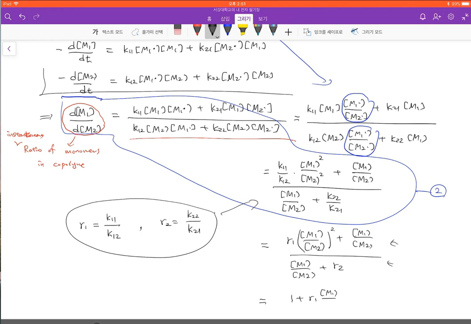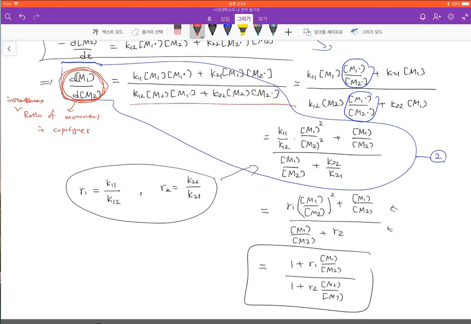If you multiply M2 over M1 in the denominator and numerator, then what you get is 1 plus r1 M1 over M2, over 1 plus r2 M2 over M1. So this equation basically represents the instantaneous ratio of monomers inside of the copolymer. It is given in this equation, which is called the copolymer equation.